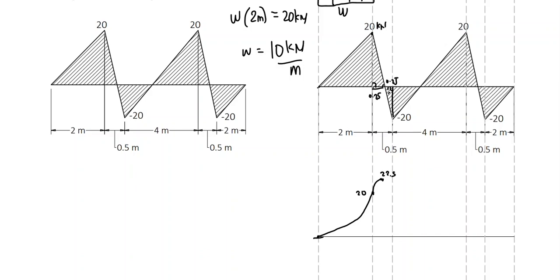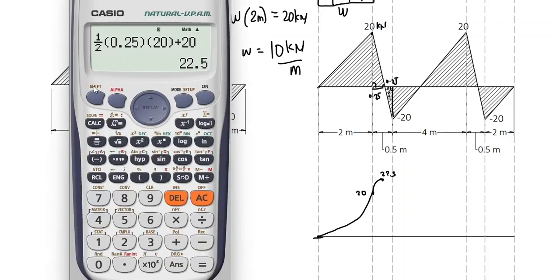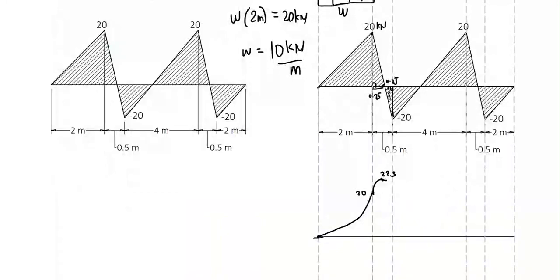And because this area right here is negative, it will decrease our moment diagram by a value of this area of the right triangle. That is 1/2 times the base of 0.25 times the height of 20 kilonewtons equal to 20. We go back to 20. And then since this area right here is also negative, therefore this point right here in the moment diagram will decrease.